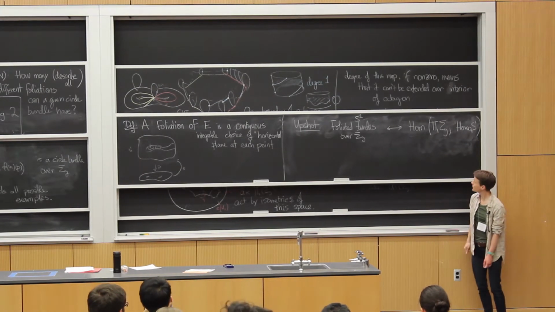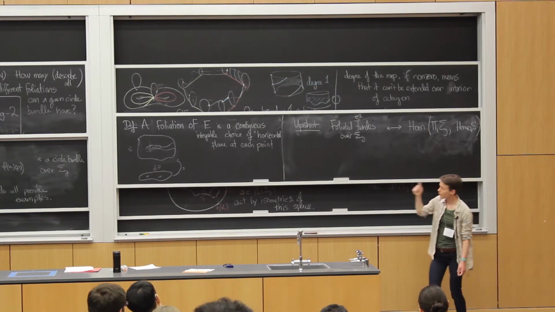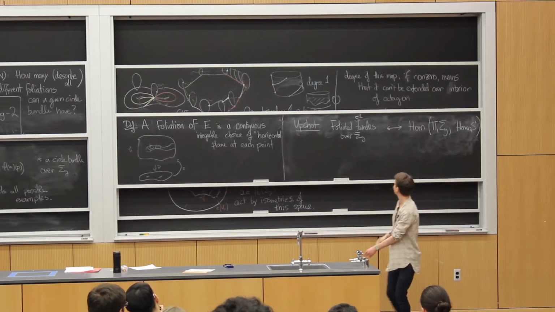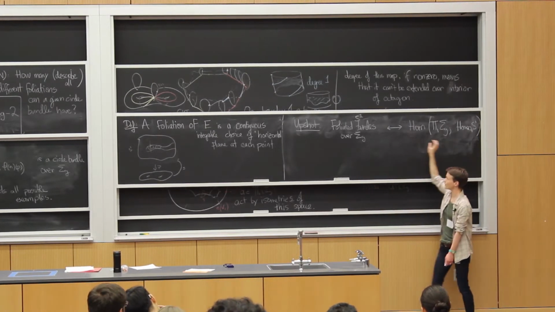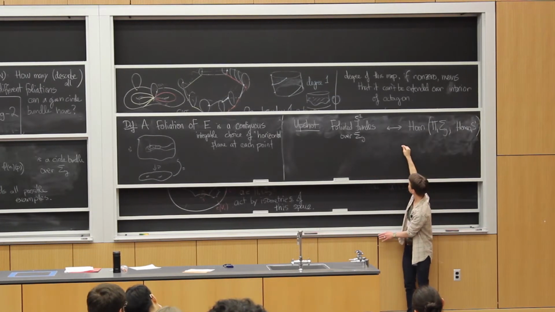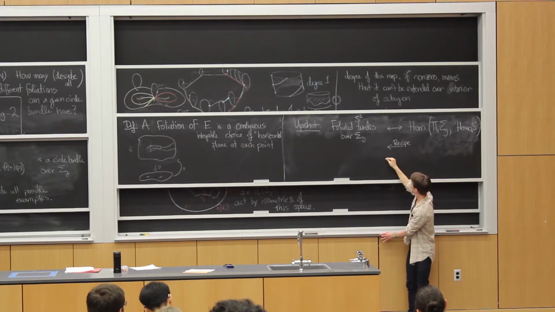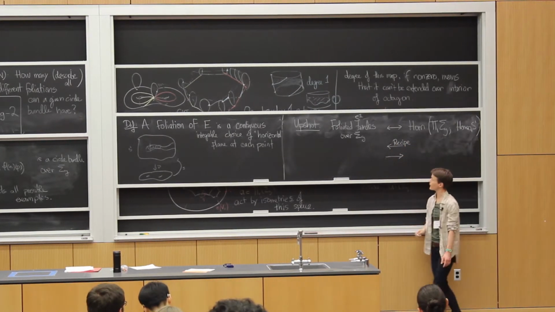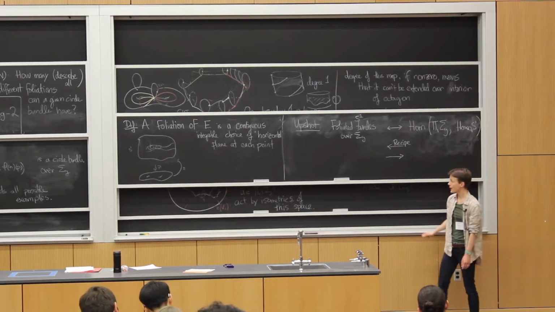Maybe I should tell you the other way. What did we do here? I gave you a recipe that takes something here and builds something there. Okay. So this was the recipe. To go backwards, how do I do this?